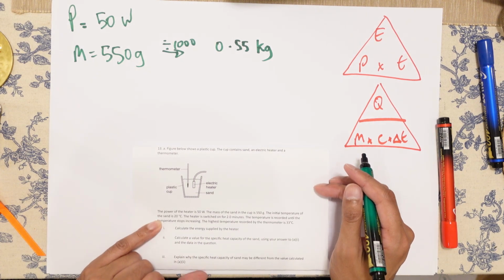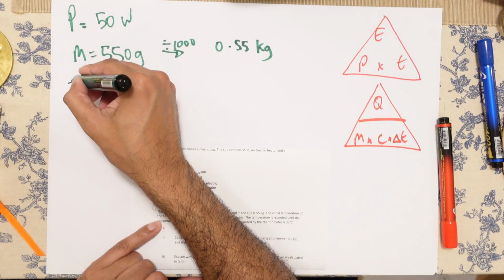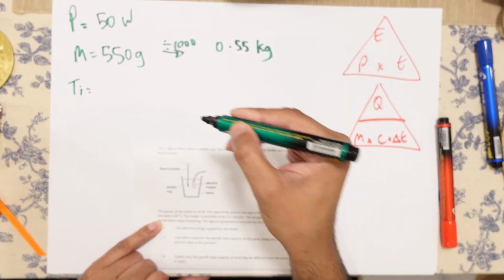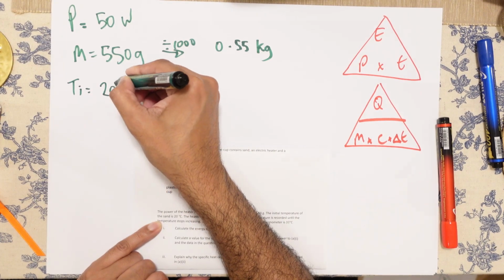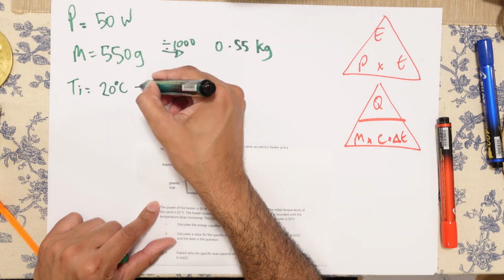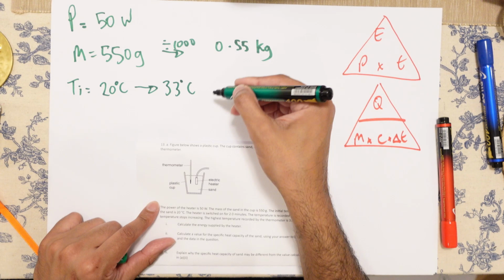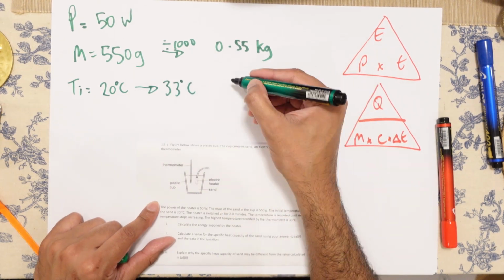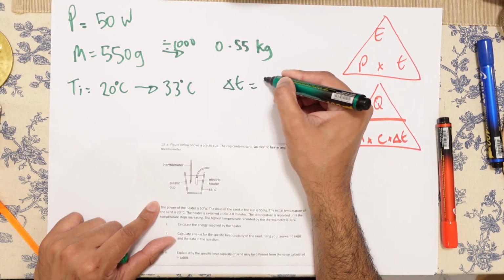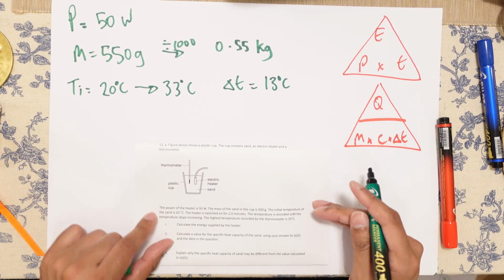Initial temperature, let's call that Ti, is 20 degrees Celsius. Tf is 33 degrees Celsius. And so that change is 13, so delta T equals 13 degrees Celsius.